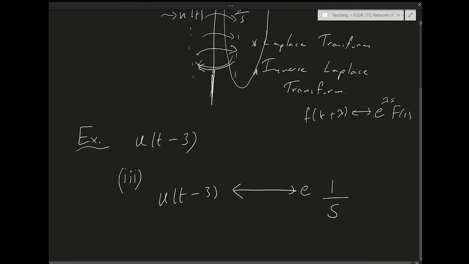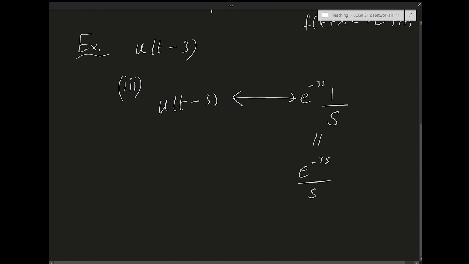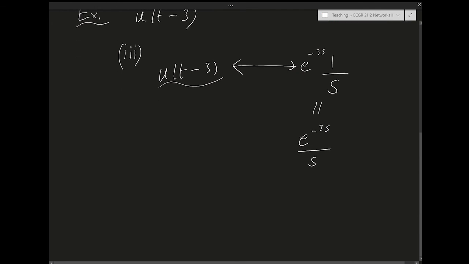Lambda in this case is minus 3, so it's going to be e to the minus 3s. So this is equal to e to the minus 3s over s. Okay, so we can directly write the Laplace transform of any translated signal.